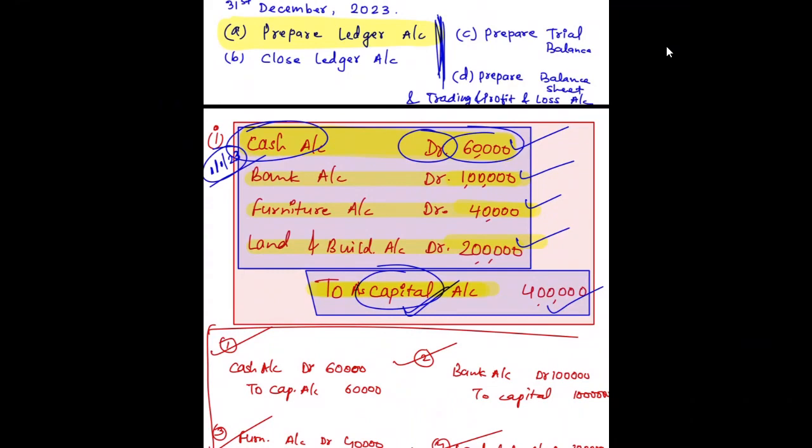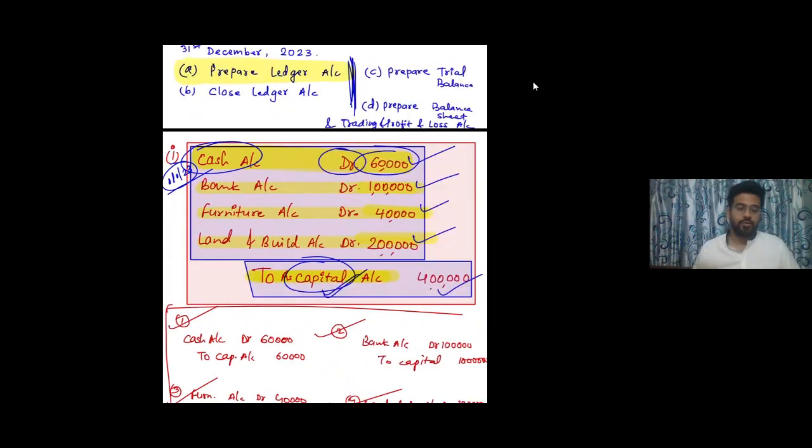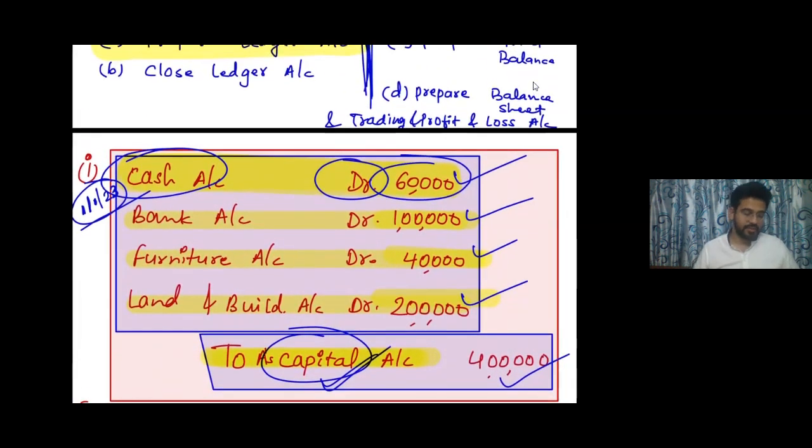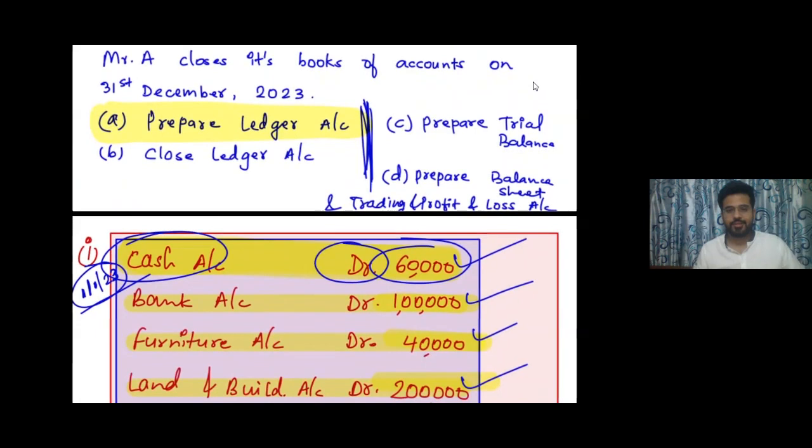And then you can come forward into the next class where we will learn about the trial balance, balance sheet, P&L, trading account, as well as the closing of ledgers. That would be our objective for the next class.